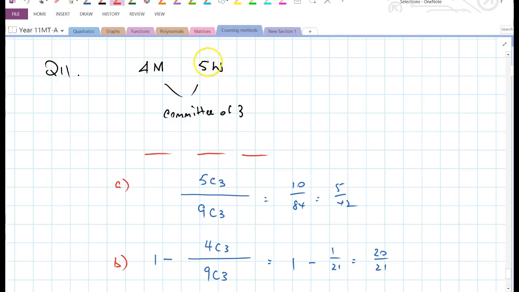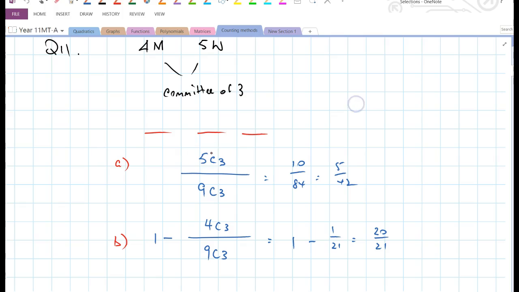a group of 4 men and 5 women, and there's the 3 slots there. Part A is asking for the probability that the committee contains all women. So we look at the sample space, the denominator, that represents all the ways of choosing a combination of 3 from 9. Because we've got 4 and 5, we've got 9 total.